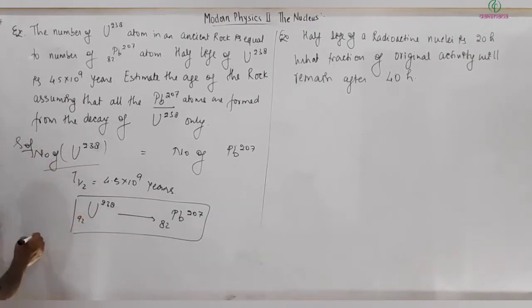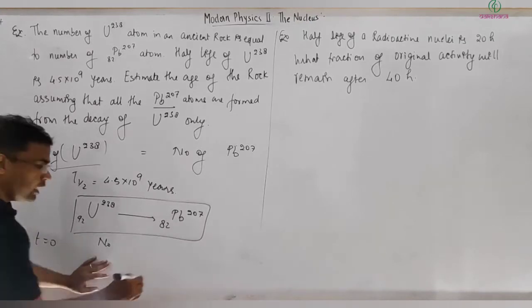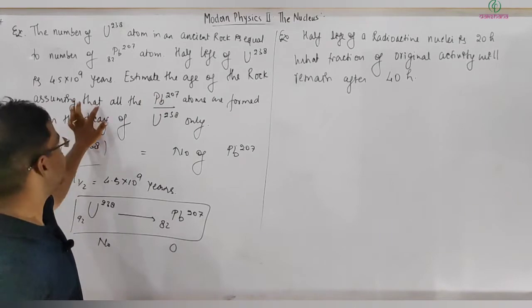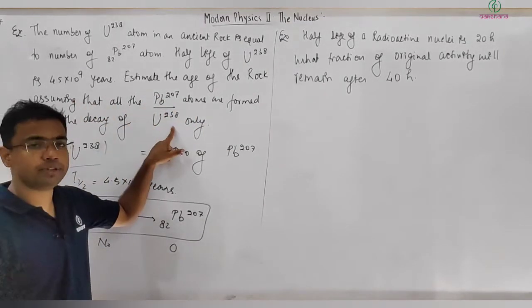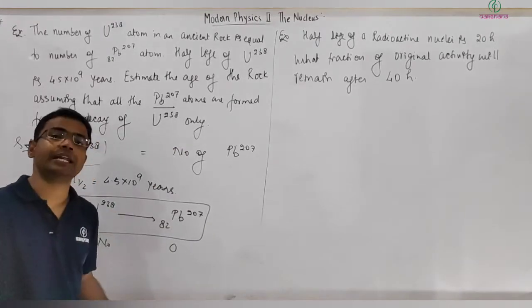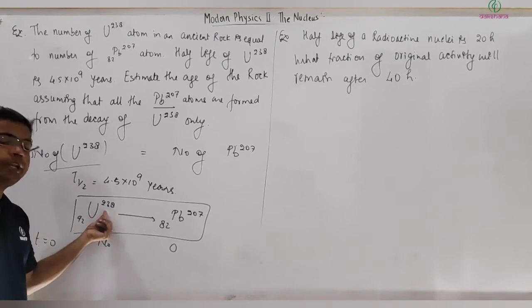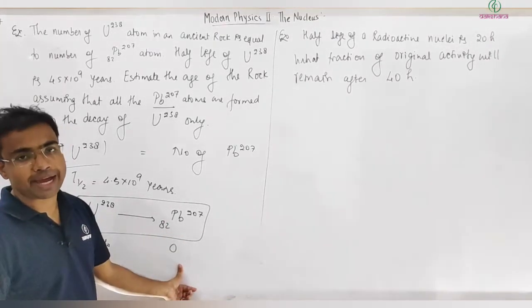So this is the conversion process. Initially, let's say at T is equal to 0, this is the number of nuclei present, N0, and here this is 0, because it says to assume that all the lead atoms are formed from the decay of this. So initially, at the time of formation of the rock, we can assume that only uranium 238 was present, and lead had almost 0 atoms.